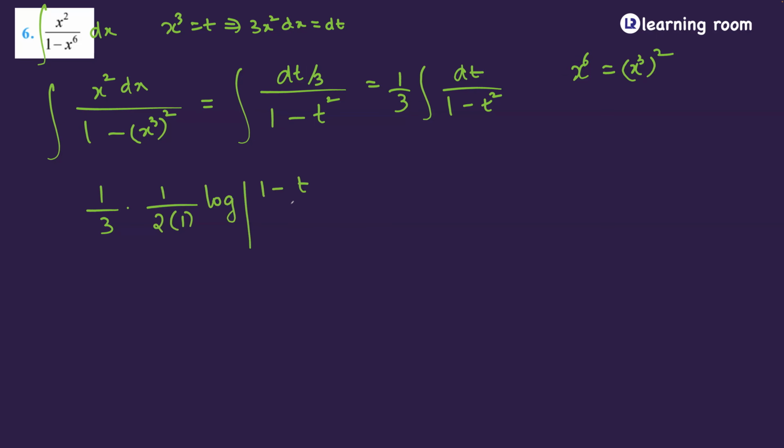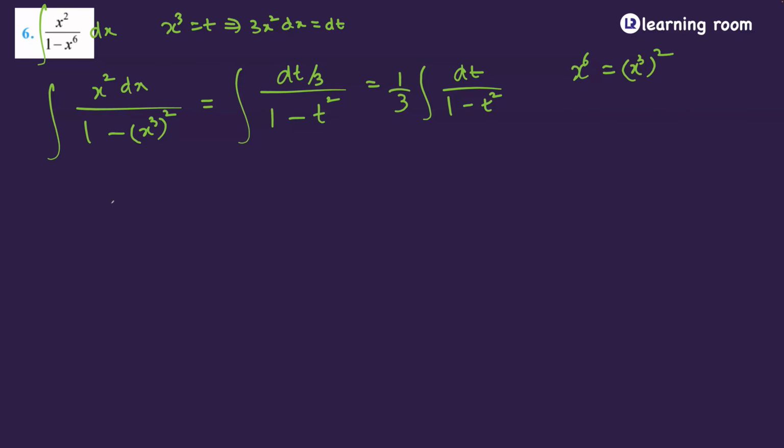Sorry, it is a plus x by a minus x. What is the second formula? Correction. What is the formula? 1 by 2a log of a plus x by a minus x.